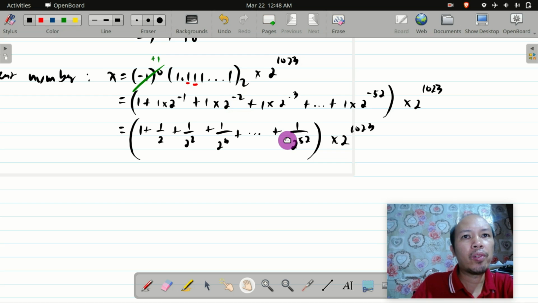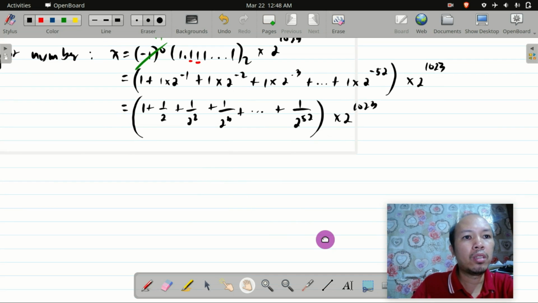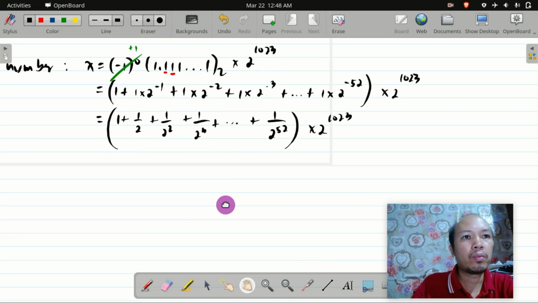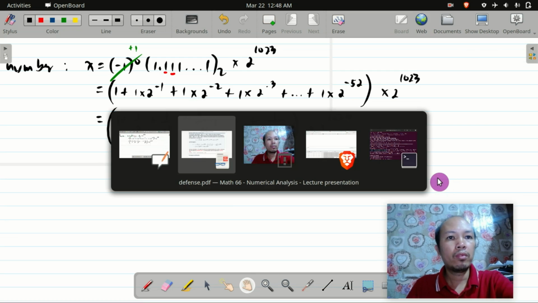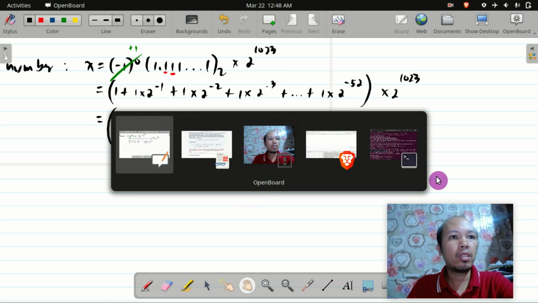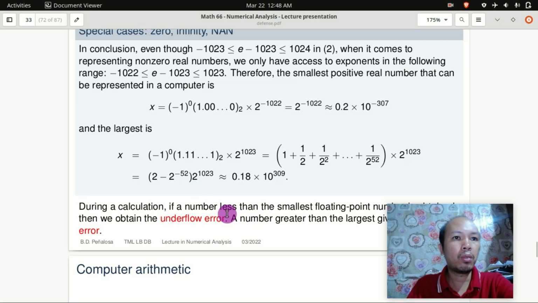So in the 64-bit floating point number, how do we express this one as this one, 2 minus 2 to the negative 52?